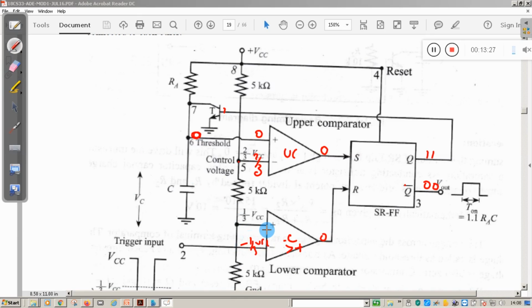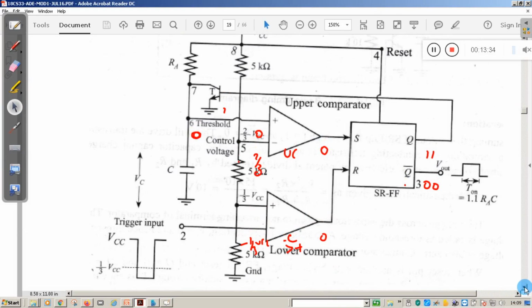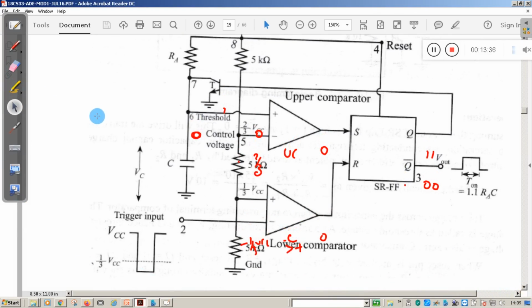Here you can see in this diagram. Let me zoom it. Here you can see when you apply the trigger pulse, the voltage goes below 1 by 3 VCC.